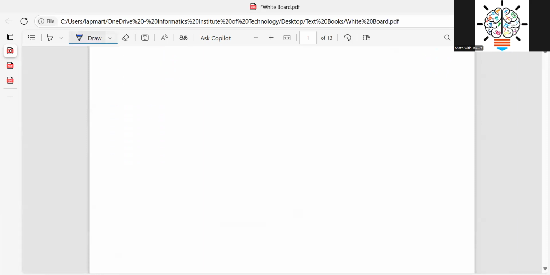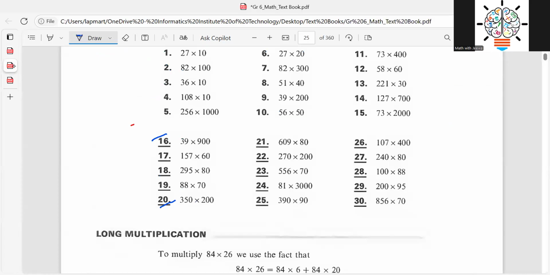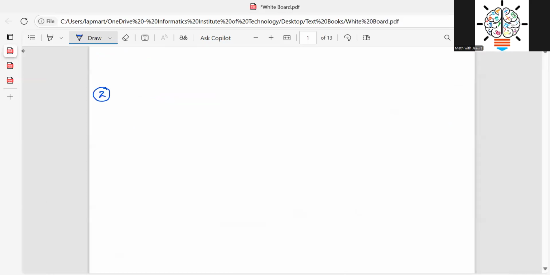So then we will move to the second question. So then it is 157 multiplied by 60. So then we do the same thing. 157 multiplied by 6 and multiplied by 10. So then you go to your working column and you multiply 157 by 6.